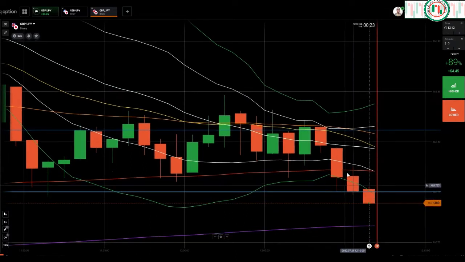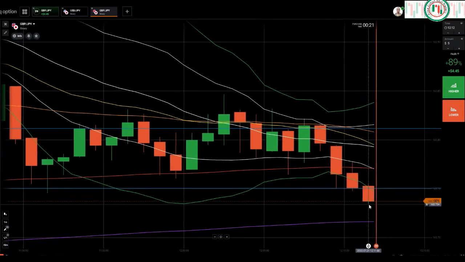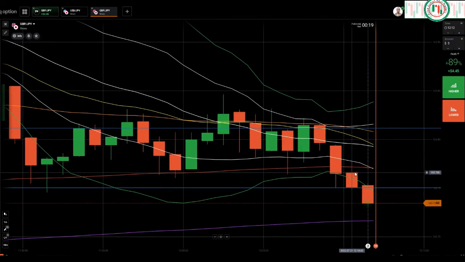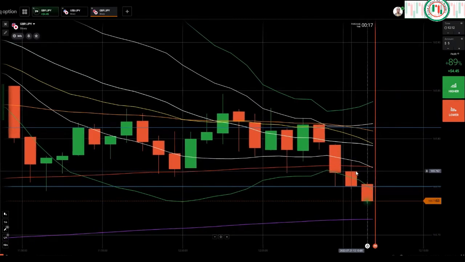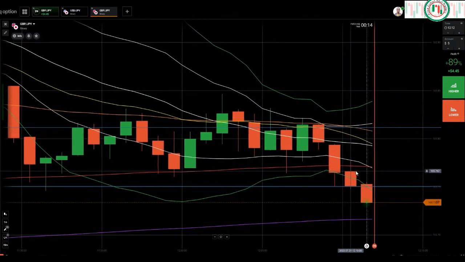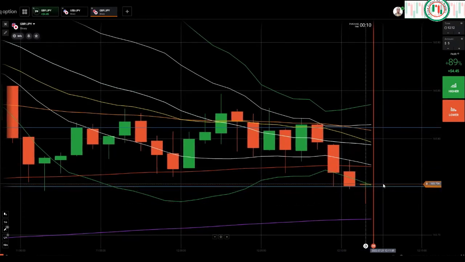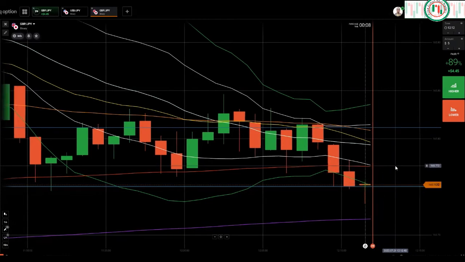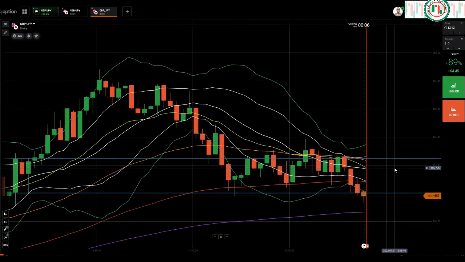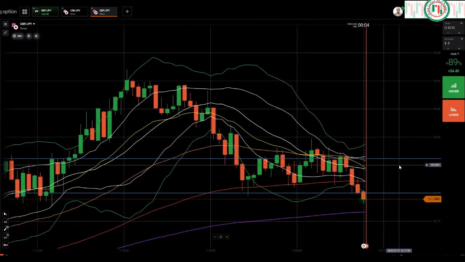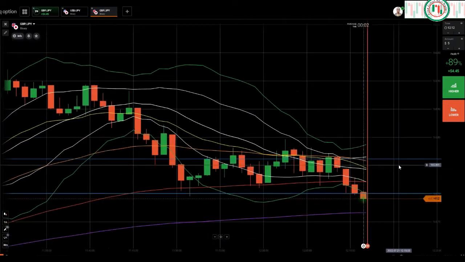I have told you, within a few seconds the market just goes down immediately because of the gap. So that's why I told you, if you see a gap, just avoid it. You see another gap here, so avoid, don't place your trade. You wait for the breakout, then you can place your trade.